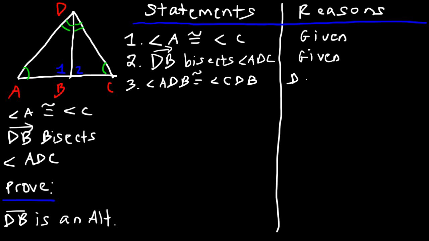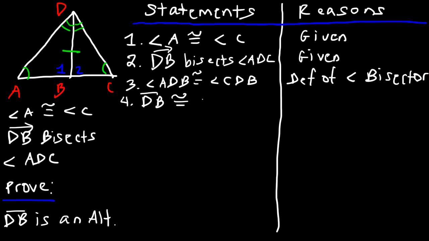And the reason for that, definition of an angle bisector. So now the next thing we need to do in order to prove that the two triangles are congruent is to use the common side. So we're going to say that DB is congruent to itself. And so that's based on the reflexive property.